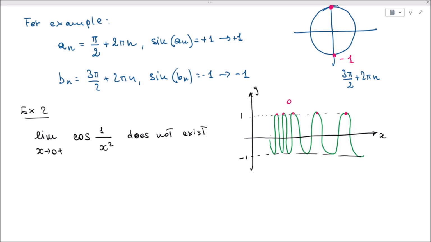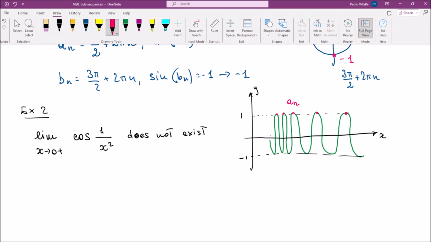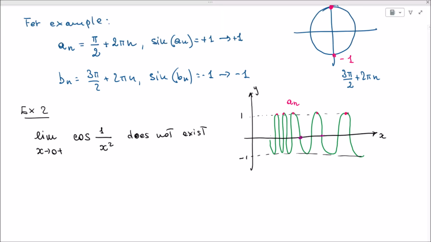Let me say that this sequence is an, and we can find another subsequence that picks all these elements where the cosine is equal to 0. Okay, so let me call this bn.